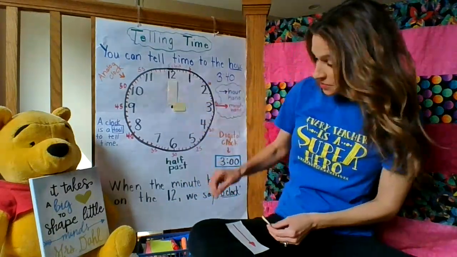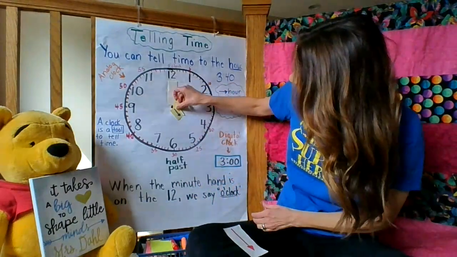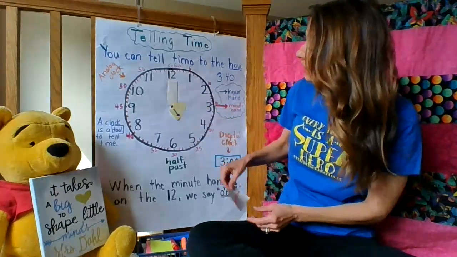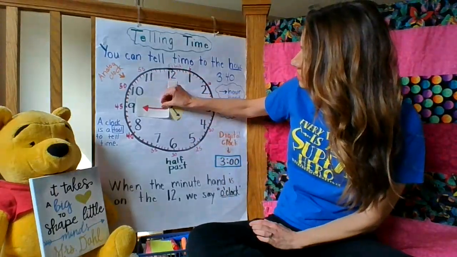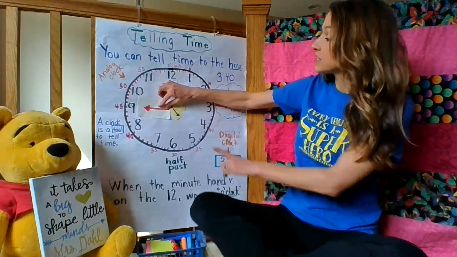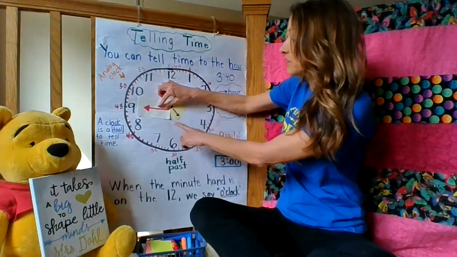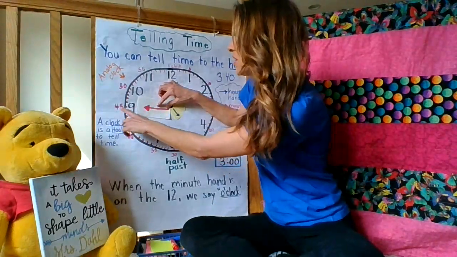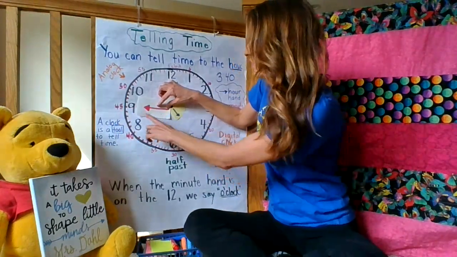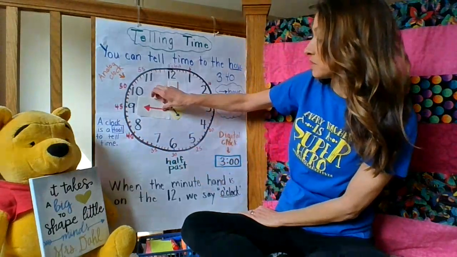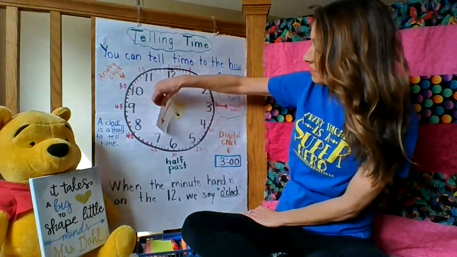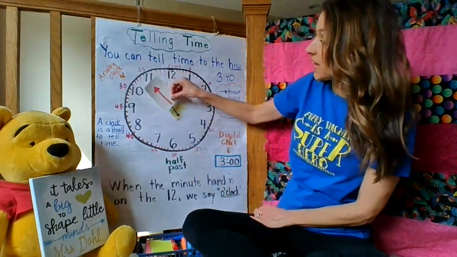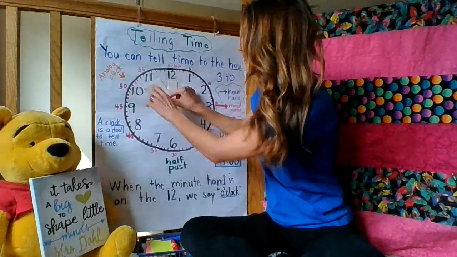Let's try a different one. Let's try pointing the hour hand on the 5 and the minute hand here. So I know that it's 5 and the minute hand isn't telling me the hour, it's telling me the minutes. 5:45 is the time. 5:35. 5:55.